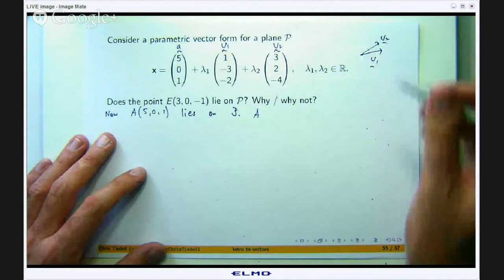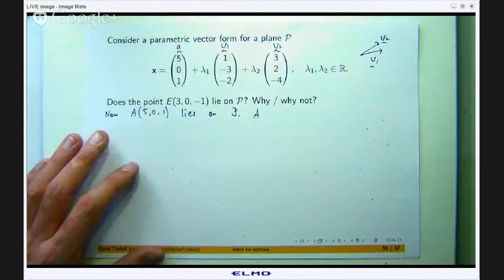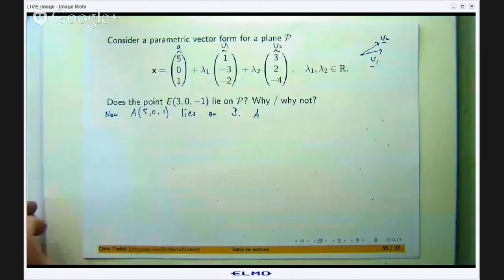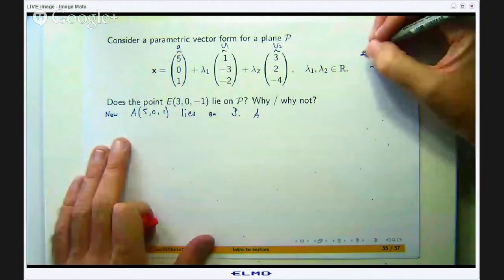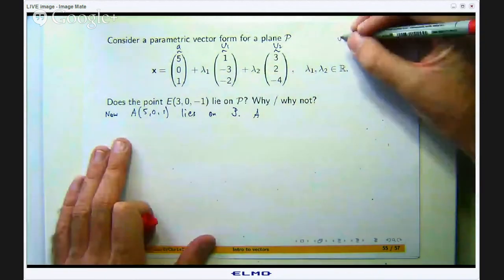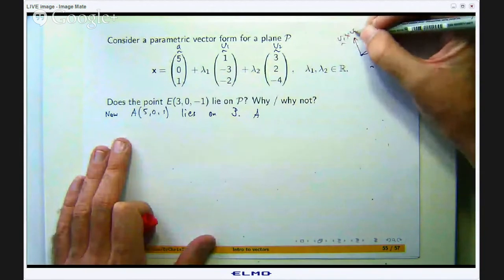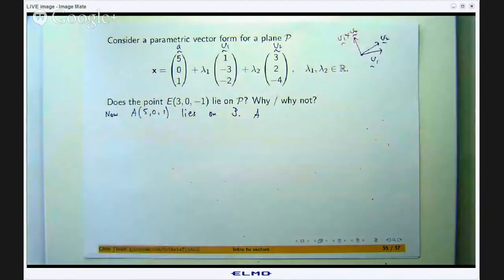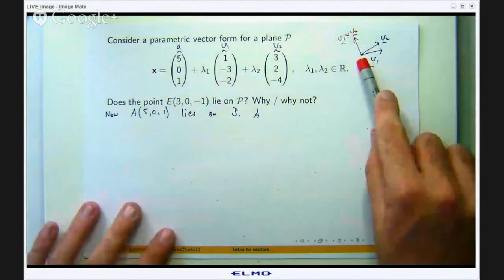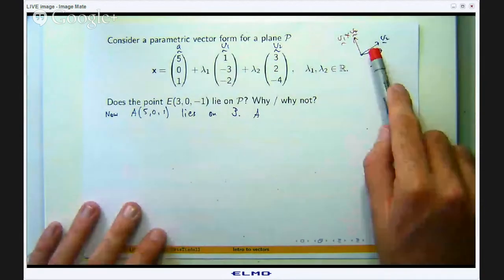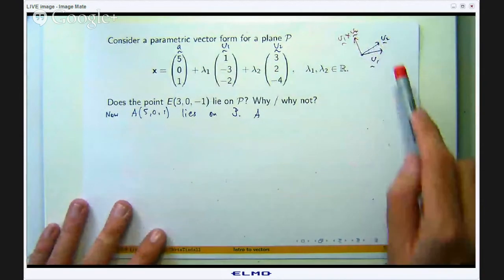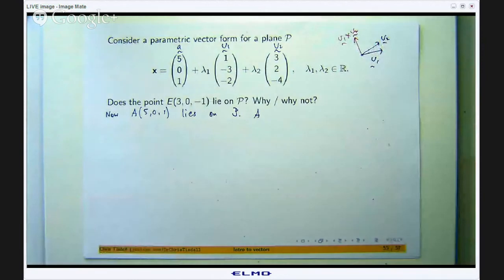And I know from our talk about the cross product, I can form a normal vector to both of these vectors just by computing the cross product of, say, V1 cross V2. That means that this vector is going to be normal to both of these vectors and therefore the plane that they're parallel to.